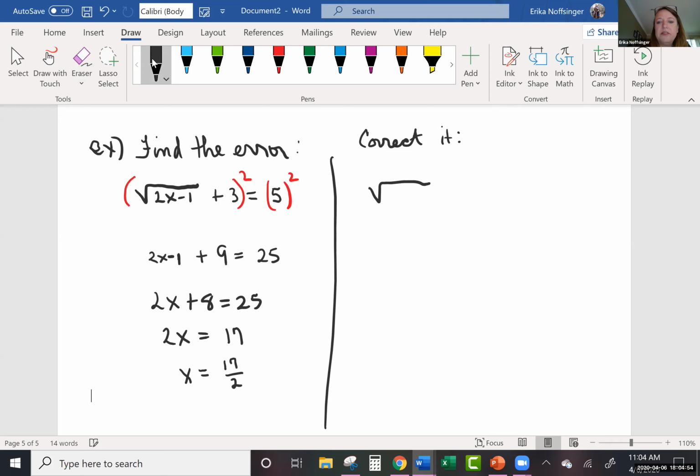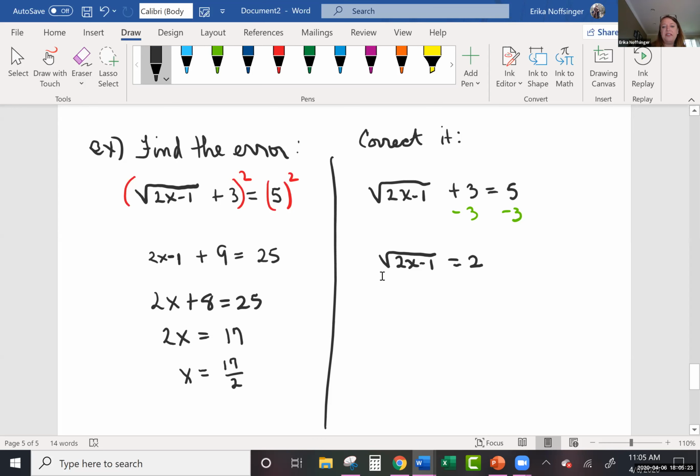correct part over here. So the equation was the square root of 2x minus 1, I'm doing the radical, plus 3 is equal to 5. And so first isolate the radical, we would subtract 3 on both sides. So we get the square root of 2x minus 1 is equal to, well, 5 minus 3 is 2.